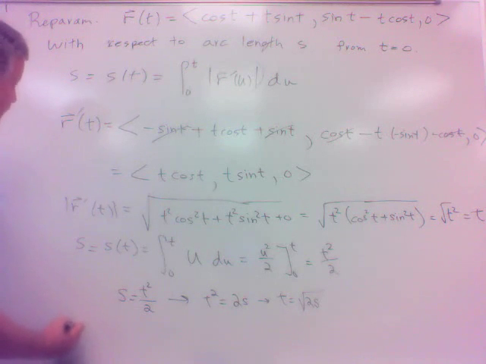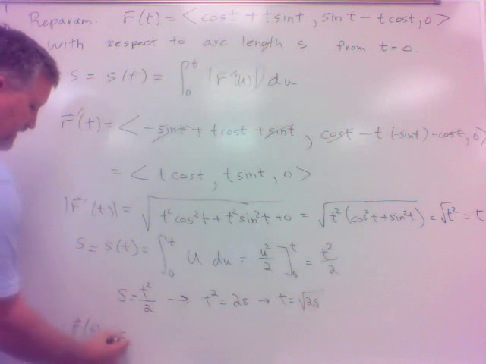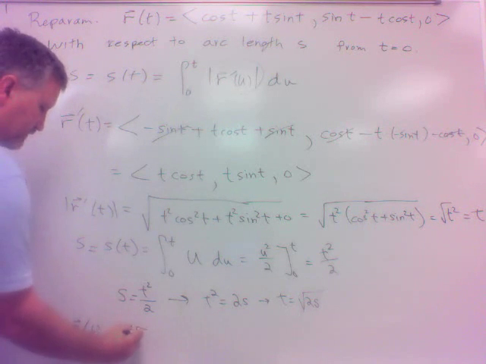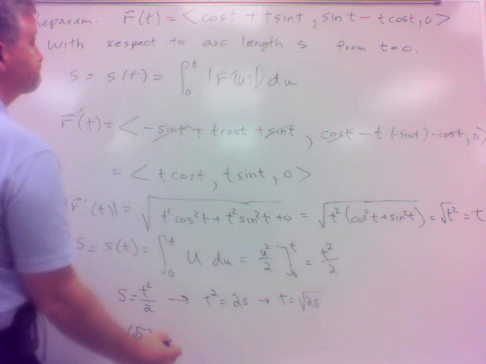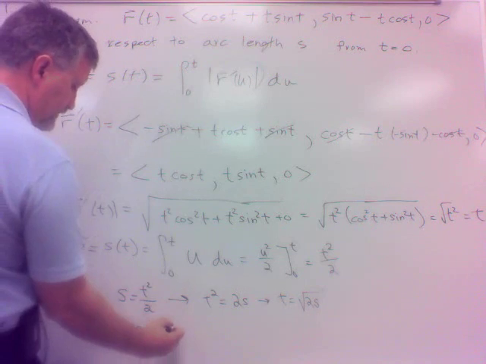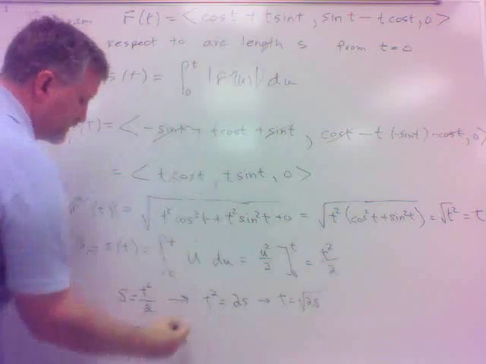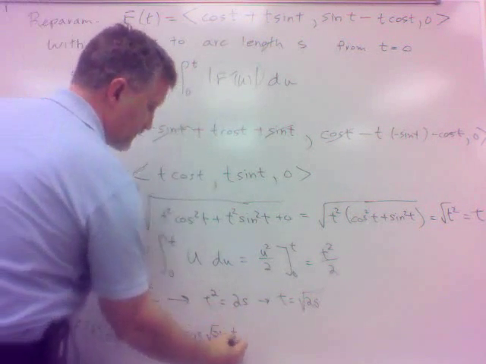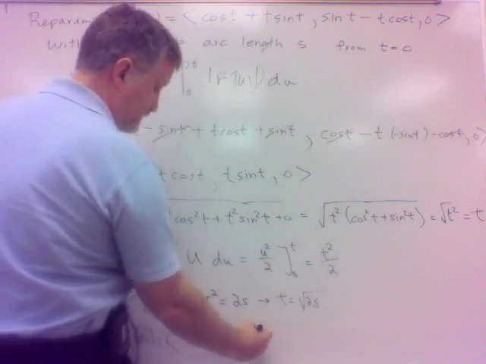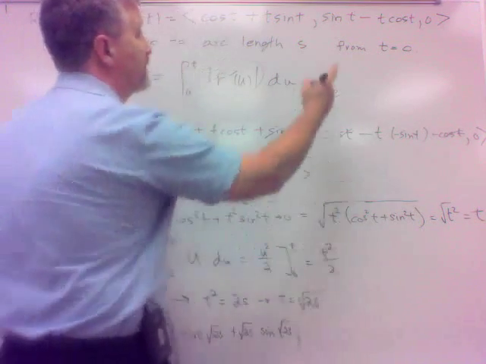All right, so our vector reparameterized in terms of s, instead of t, I'm going to use the square root of 2s. It would be the cosine of the square root of 2s plus the square root of 2s times sine of the square root of 2s, that would be the i component.